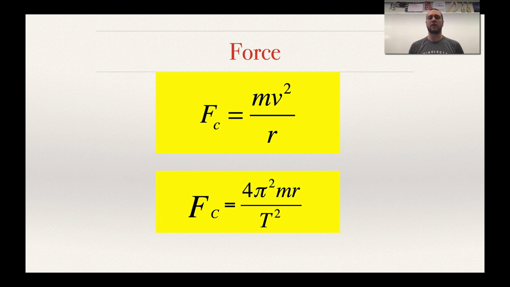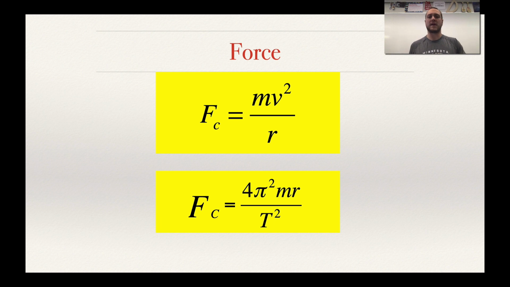Well, now each one of those just has the mass component multiplied in. So we have mv squared over r, and we have 4 pi squared mr over t squared, where the mass has simply been multiplied in, which is going to allow us to take the product of mass and acceleration to get that centripetal force. These are two equally valid ways to get that centripetal force.